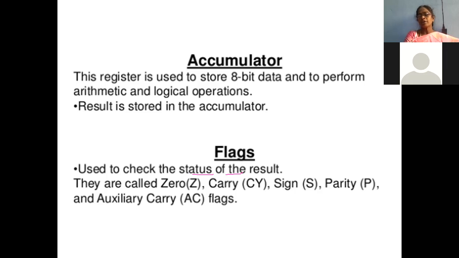So in the 8085, there are 5 flags used to reflect the results of any arithmetic operation: zero flag, carry flag, sign flag, parity flag and auxiliary carry. Among these 5 flags, 4 flags can be accessed by the user. They can see the results in those flags, but we cannot see the result in the auxiliary carry because it is used internally.